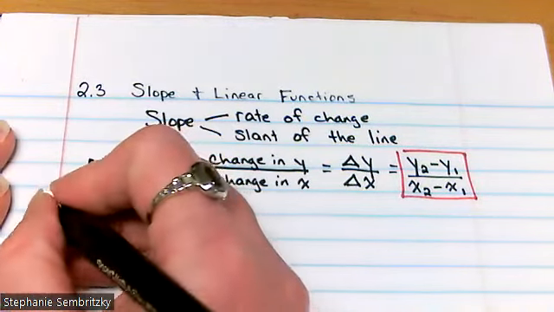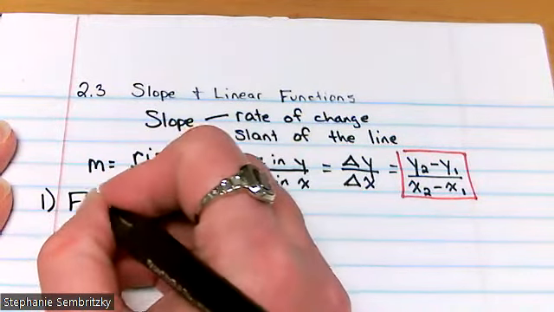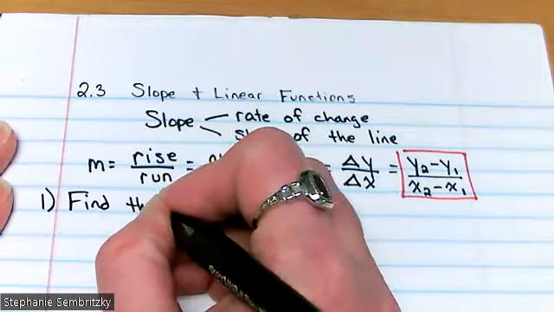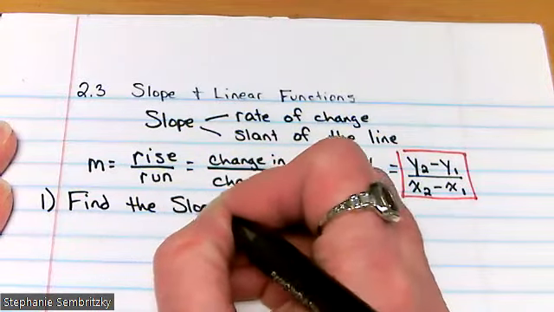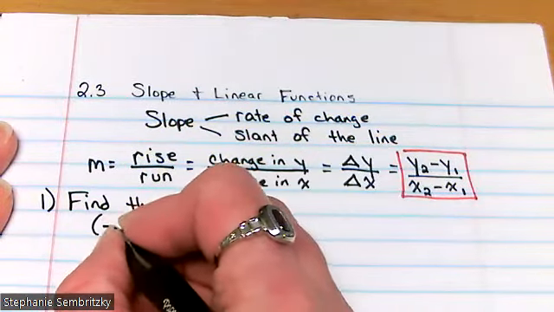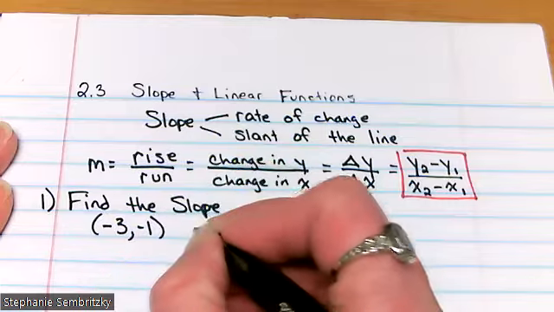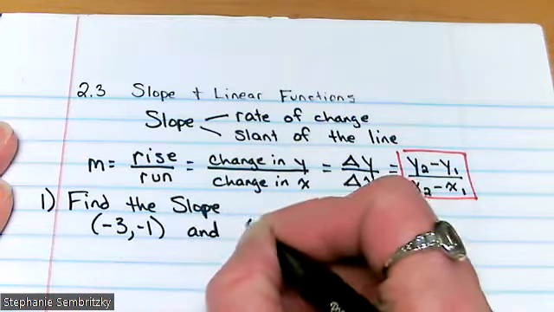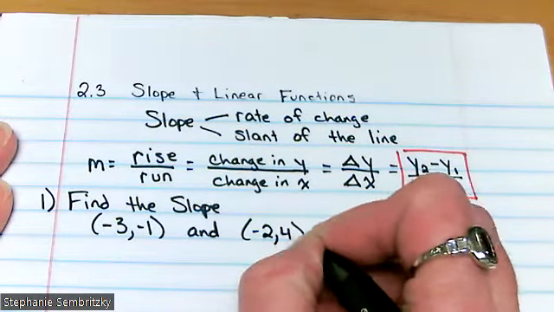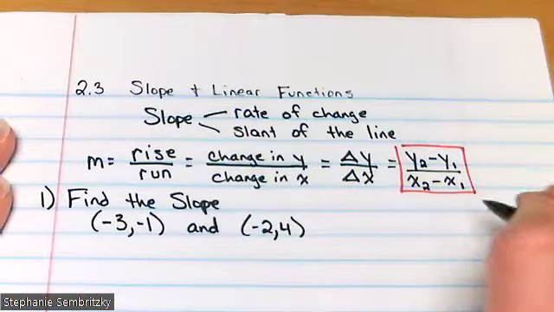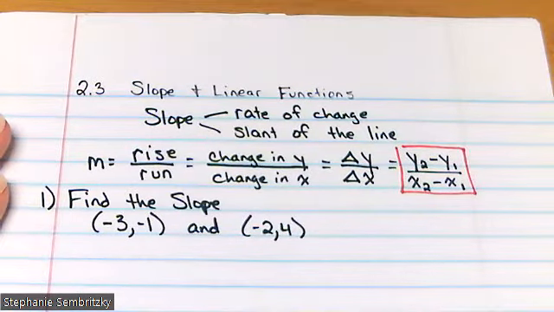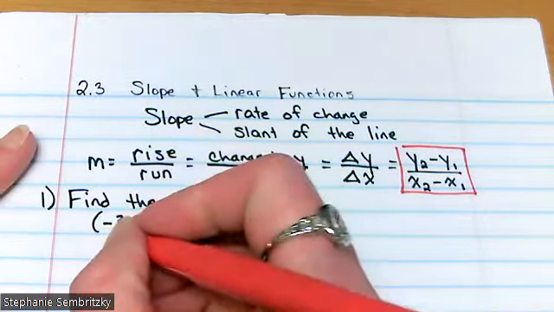So let's practice it. Let's find the slope. So let's say we have 2 points, and we want to find the slope. Well, to put them in that formula, we need to kind of label them. I like to call this the first point.